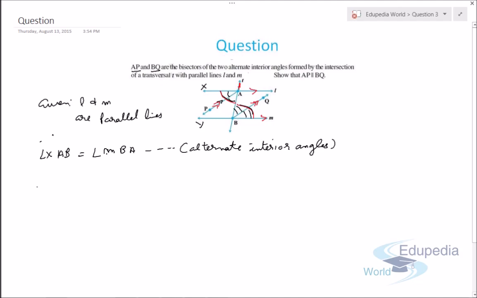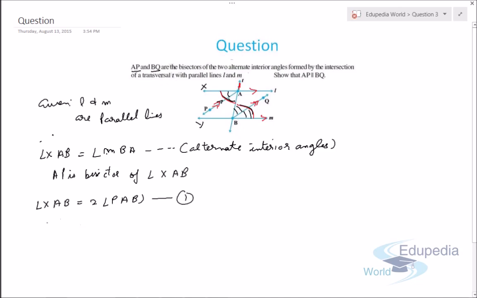So how can we do this? It's given that AP is the bisector of angle XAB. So we can write angle XAB as 2 times angle PAB, let it be 1.